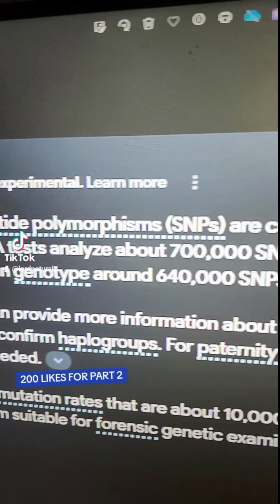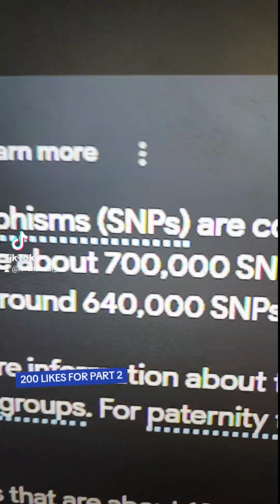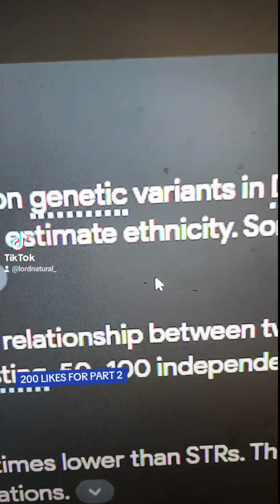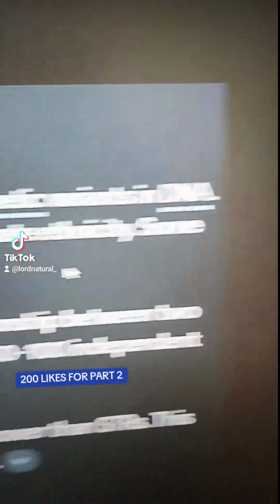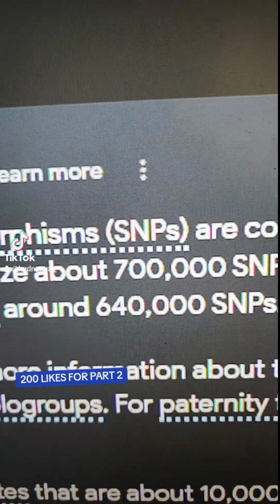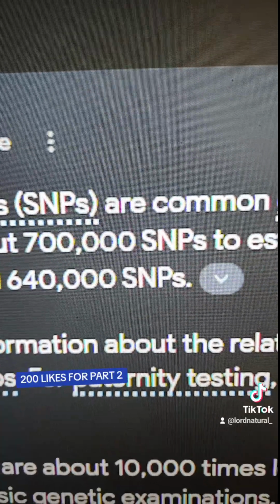Single nucleotide polymorphisms, SNPs, are common genetic variants in DNA. Ancestry DNA tests analyze about 700,000 SNPs to estimate ethnicity. Some DNA tests can genotype around 640,000 SNPs.